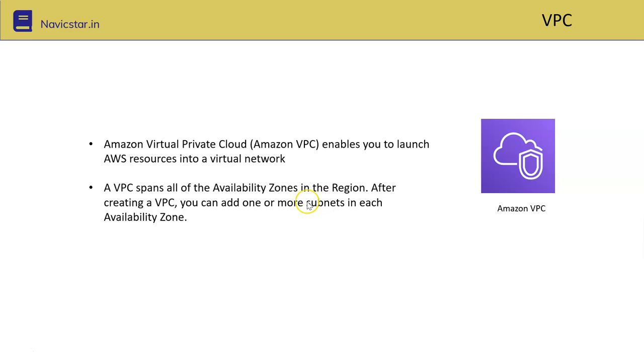Similarly, the moment you choose your VPC, that VPC spans the availability zones in that region. It means that the VPC will work only in that region. If you want to build a network or server in some other region, then you need to create a separate VPC in that region. So you need to keep that in mind.